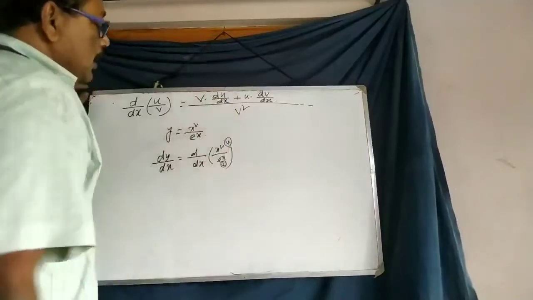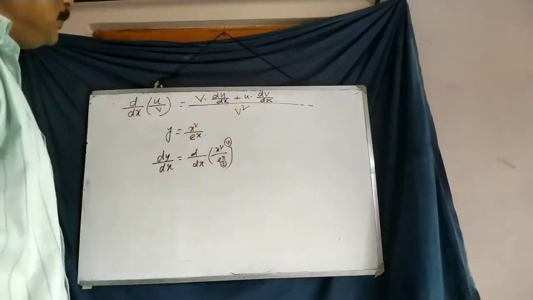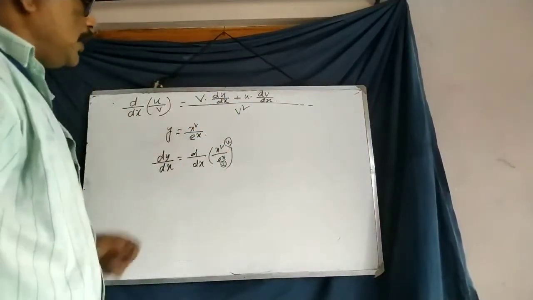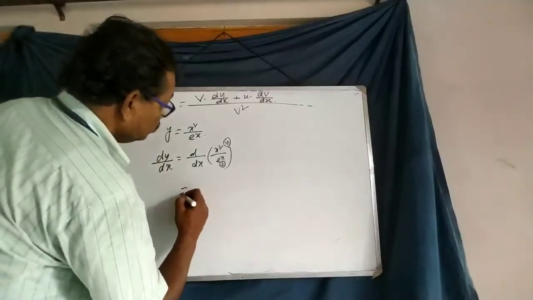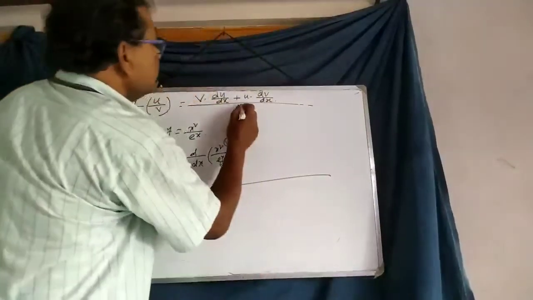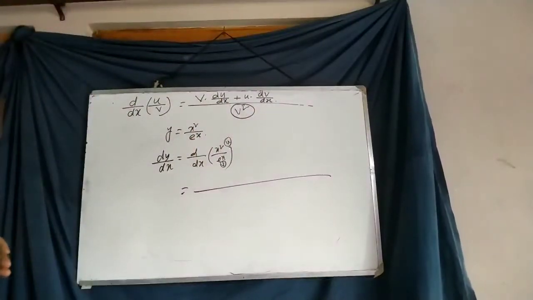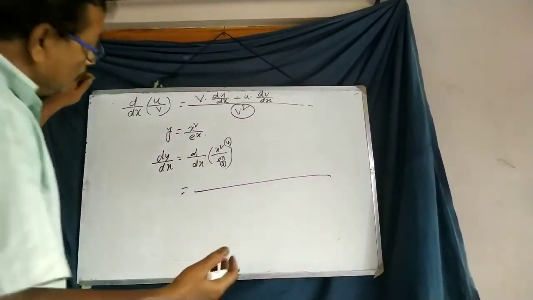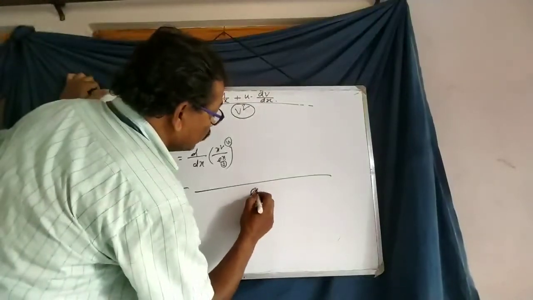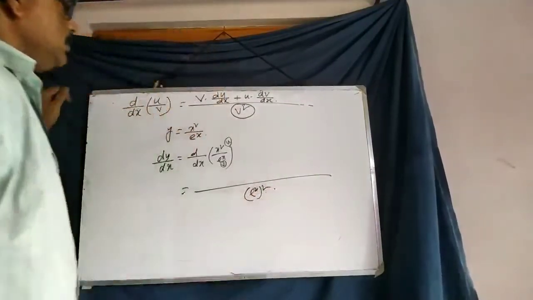In this formula, if you replace v by e to the power x and u by x square, what is the result? When v is replaced by e to the power x, we will get e to the power x whole square at denominator.